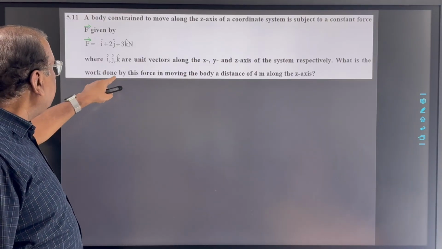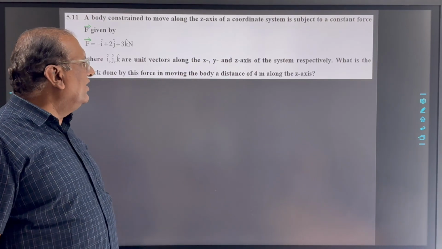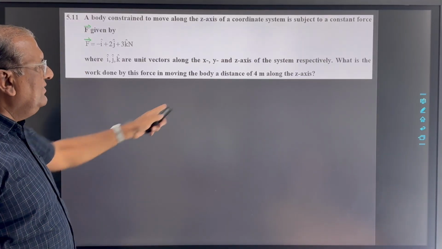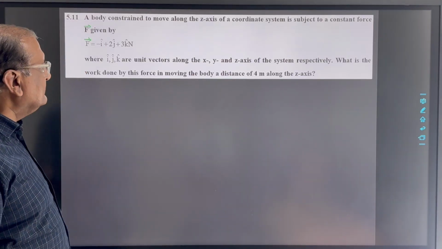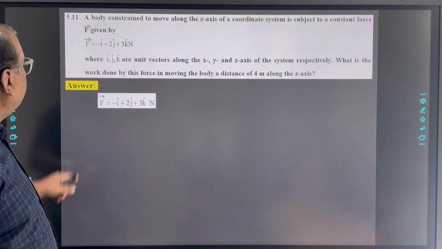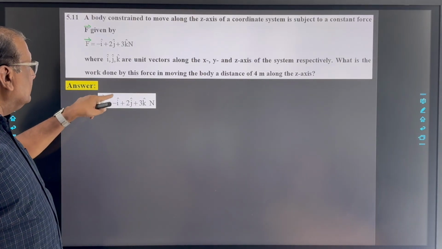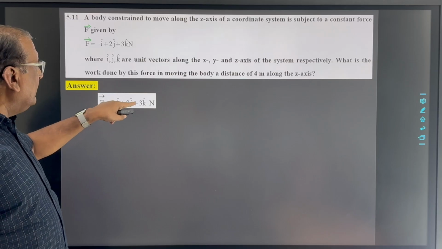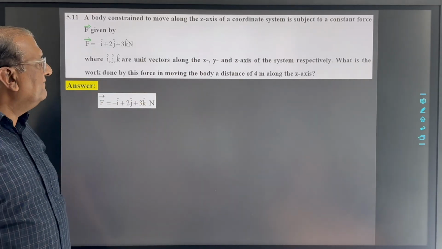What is the work done by this force in moving the body a distance of 4 meter along the z axis?